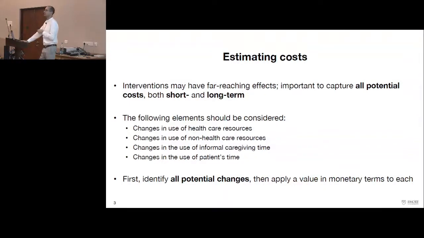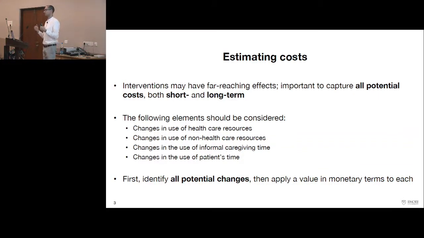One thing to keep in mind is that the ultimate goal of economic evaluation is to get the ICER. That's the incremental cost-effectiveness ratio, right? And so we're actually interested only in changes in resource use.